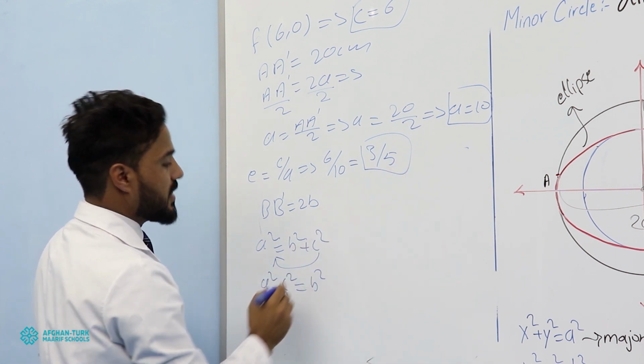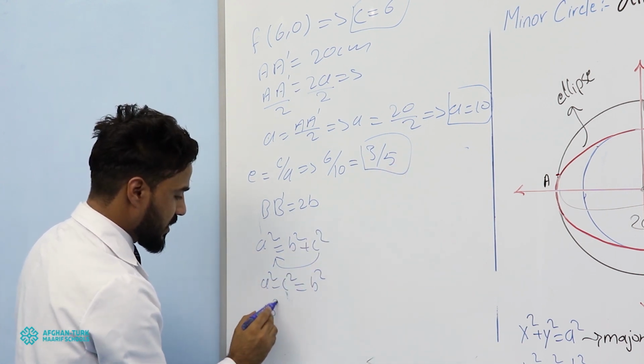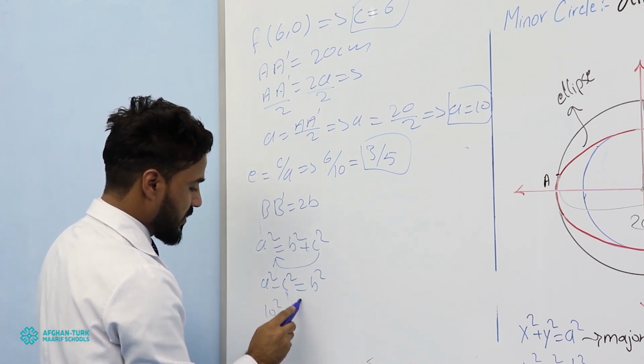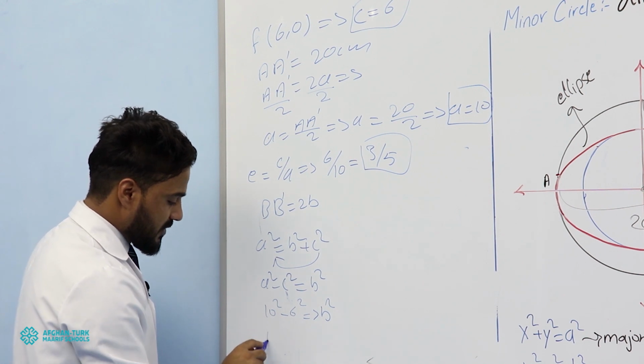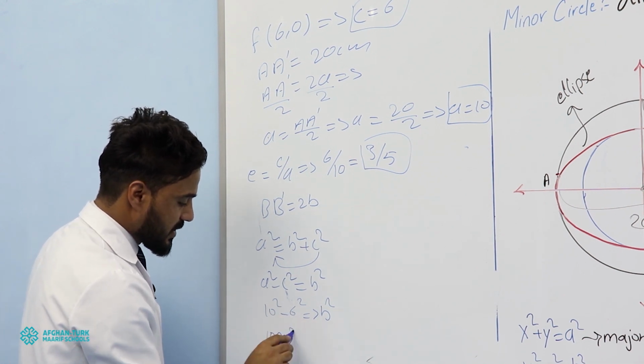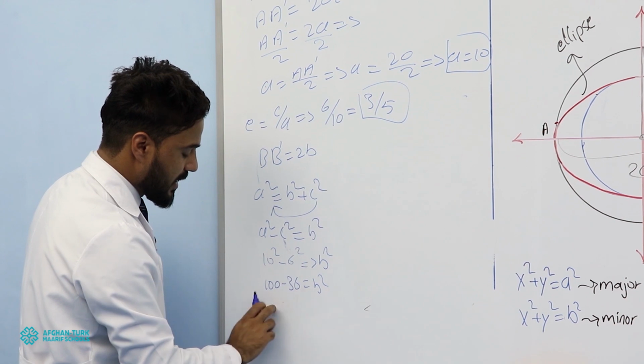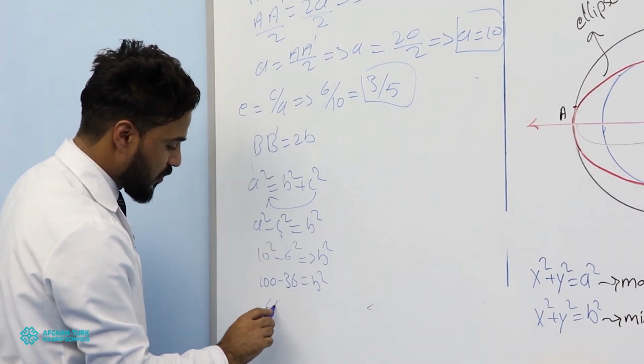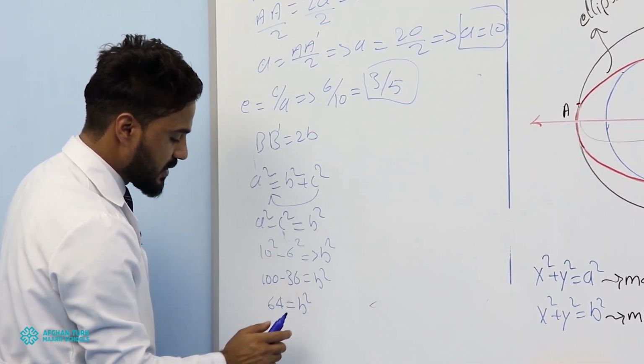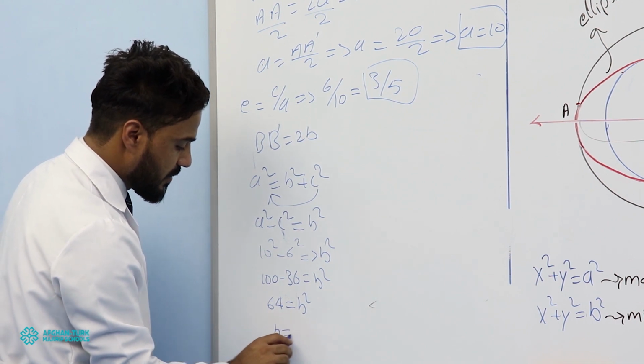A is equal to 10 square minus C is equal to 6 square equal with B square. 10 square is equal to 100 minus 6 square is equal to 36 equal to B square. 100 minus 36 is equal to 64 which is equal to B square. When we get square root of both sides, B will be equal to 8.